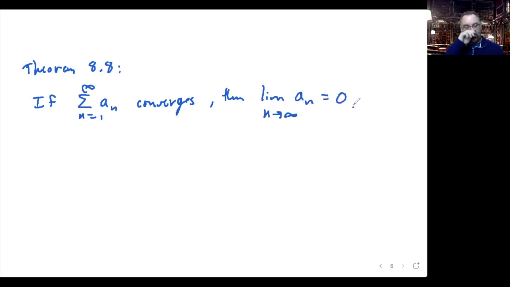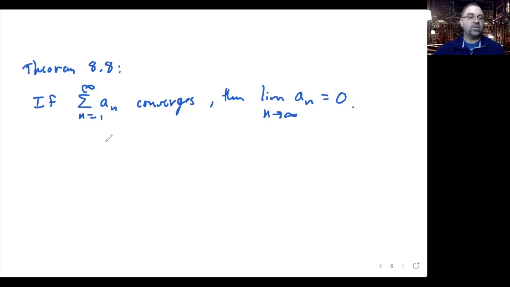So if we know the series converges, then obviously the terms of the sequence a sub n must approach 0. You can't be adding on infinitely many values that aren't approaching 0. So if it converges, then we know the limit of a sub n is 0. And that's not a terribly earth-shattering theorem. I think we can all kind of get our head around that.